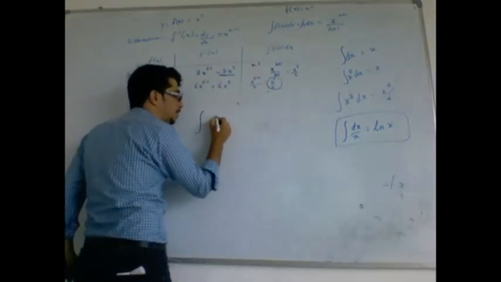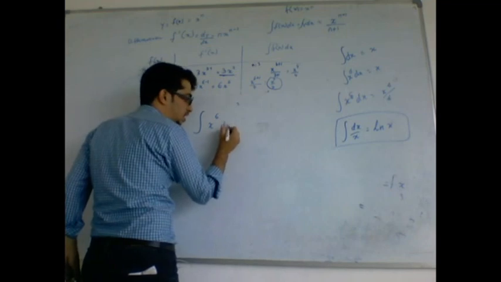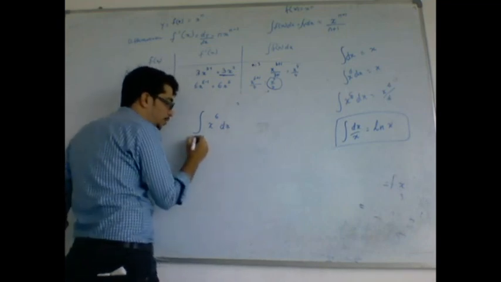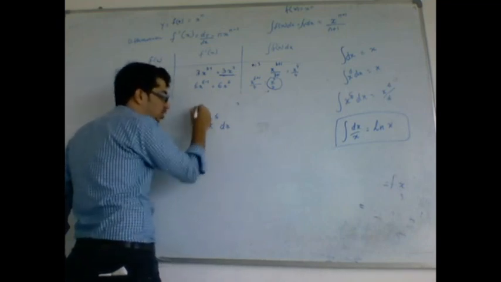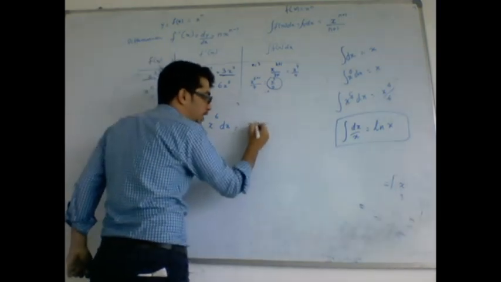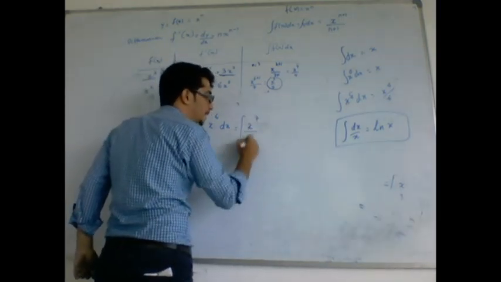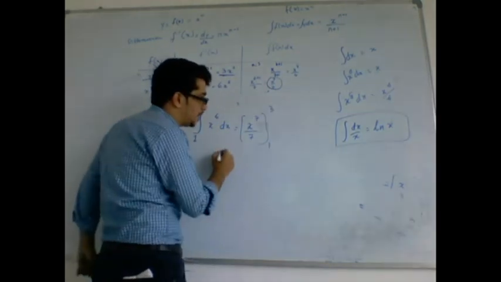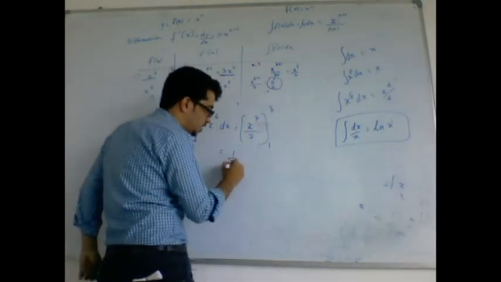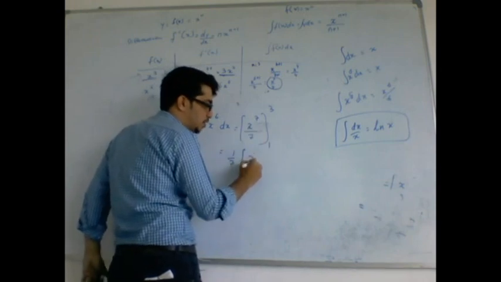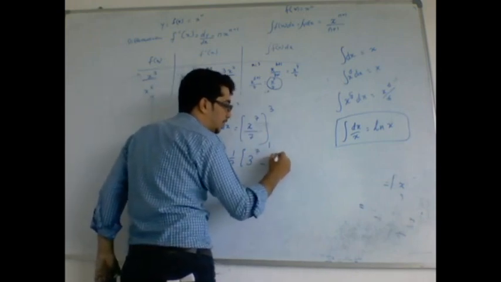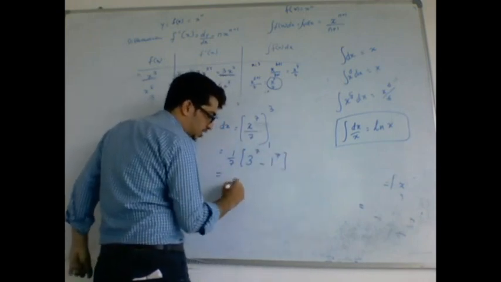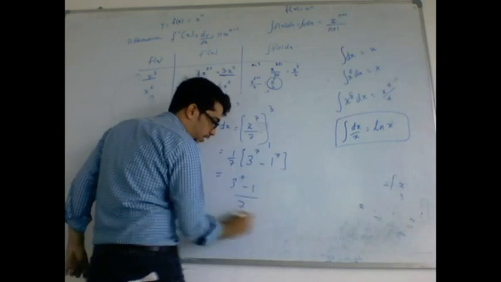Integration of x power 6 dx from 1 to 3. Its integration is x power 7 upon 7, from 1 to 3. We will substitute the upper value minus the lower value. So 1 by 7 is the fixed coefficient, the upper value is 3 power 7 minus 1 power 7. So this is the answer, 3 power 7 minus 1 upon 7.